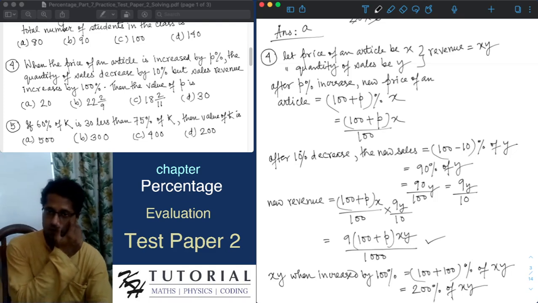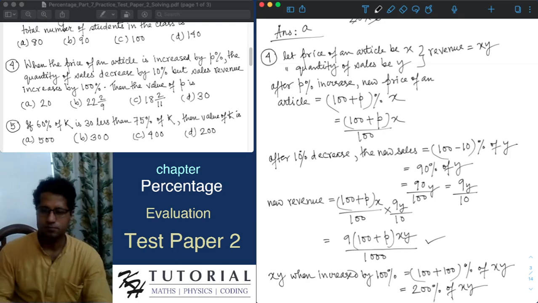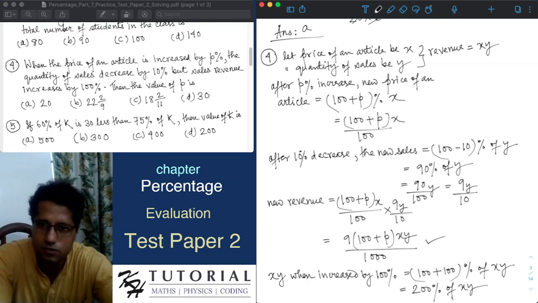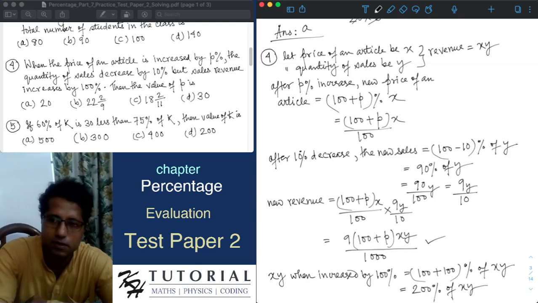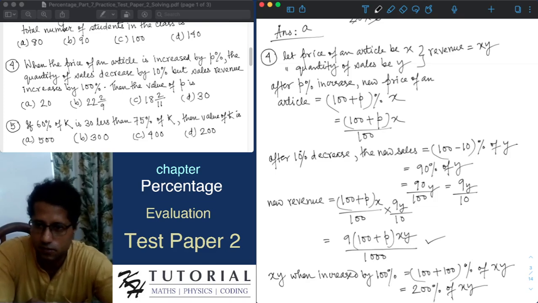Now it also says that when the price of the article was increased by P%, the quantity of sales decreased by 10%. So after the 10% decrease in quantity of sales, the new sales becomes 100 minus 10% of Y. So this is 90% of Y, which is equal to 9Y by 10.